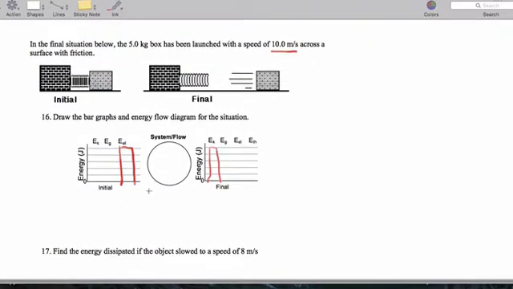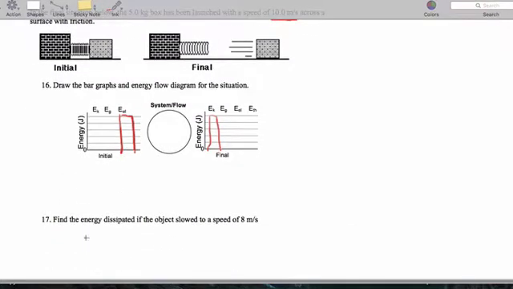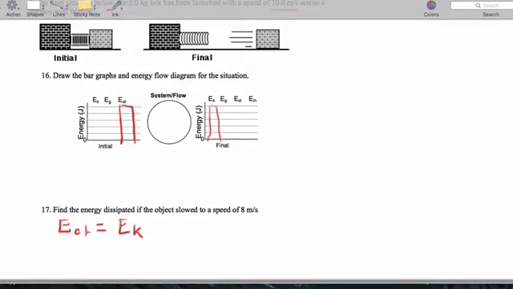So the interesting part here is let's get the original elastic energy. So the original elastic energy would have been E elastic equals E kinetic, which is fine.